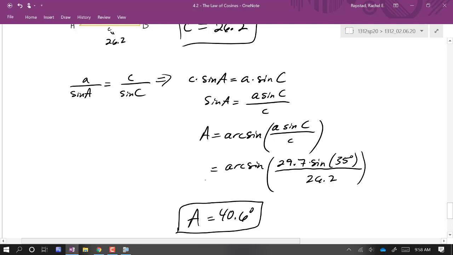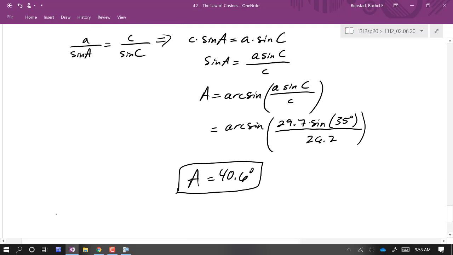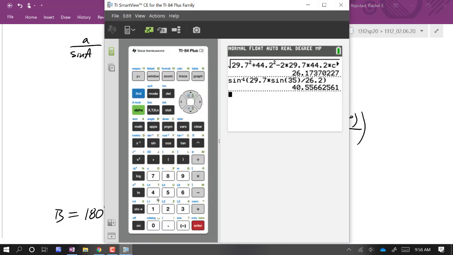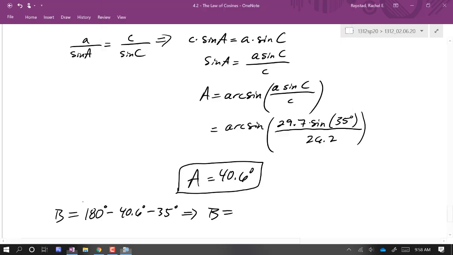And now we know two angles. We'll just find the third angle, subtract from 180. Angle B is .4.